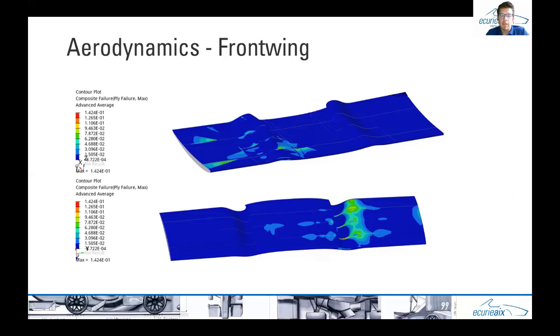That's also something we have to take into account, that all our fibers are still working under the loads we have in our races. Here's also the example, the front wing main element on the top and on the bottom side. There are different places where the composite failure is bigger, and where you could think about adding some more plies to have a bigger safety factor.